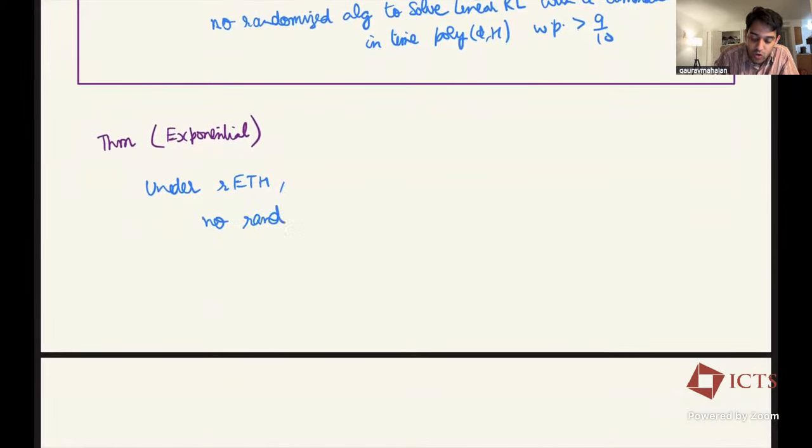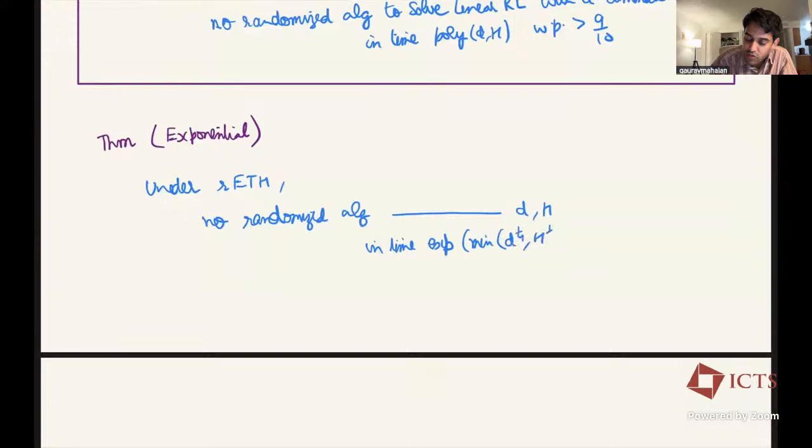So there is no randomized algorithm to solve linear RL with d dimensions, H horizon in time exponential of the minimum of d^(1/4), H^(1/4) with probability 9/10.